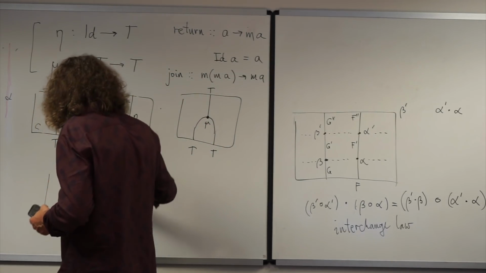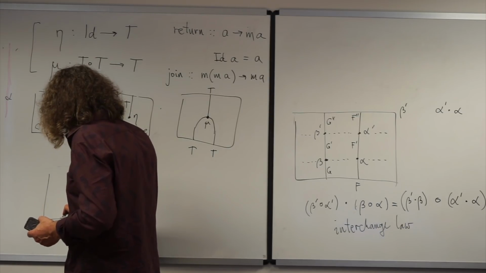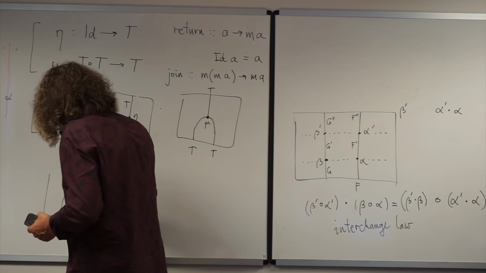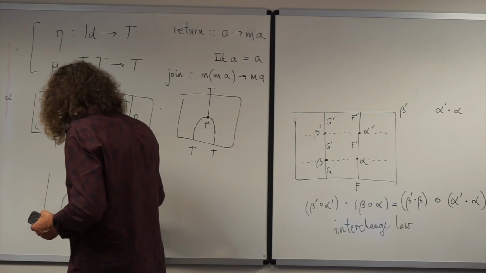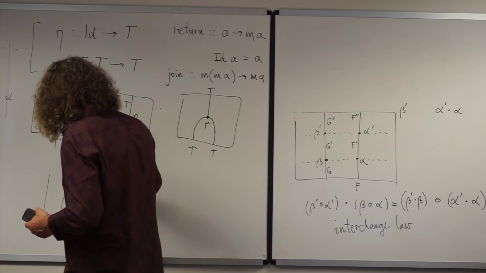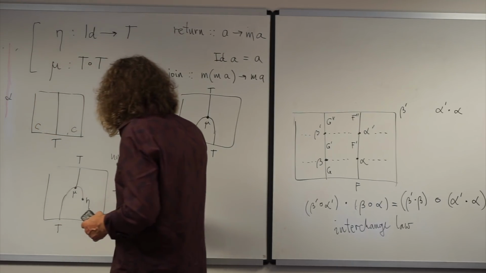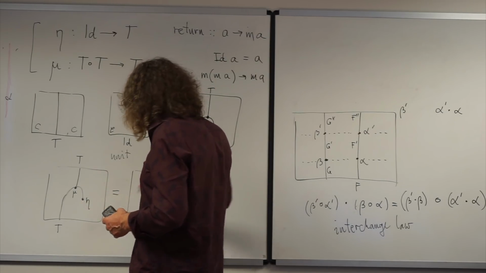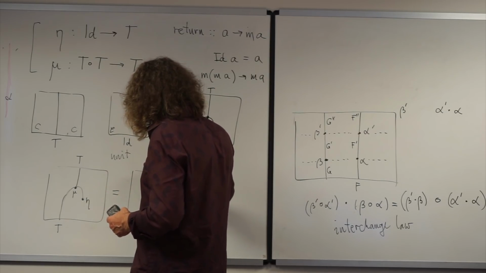So it's a diagram that sort of goes like this. This is my multiplication, and this is my eta. Okay, I start with t and I end with t. If this is unit, then this should be equal to this.